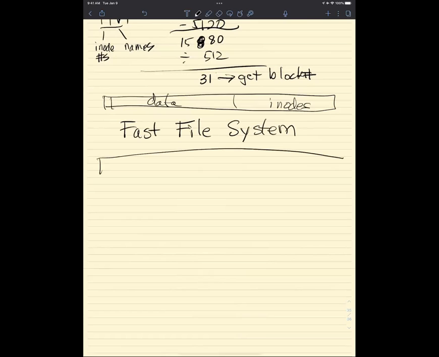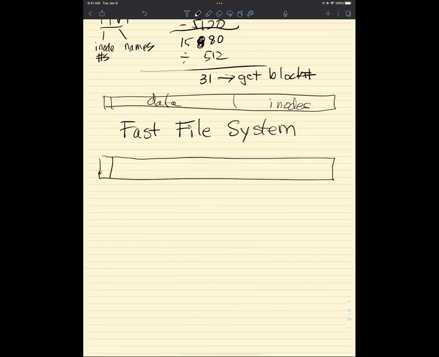So let's change the, yuck, that's a terrible horizontal line. It's slightly better. So we still have our super block here. And then we have some inodes and then some data blocks and then some more inodes and then some more data blocks and so on.